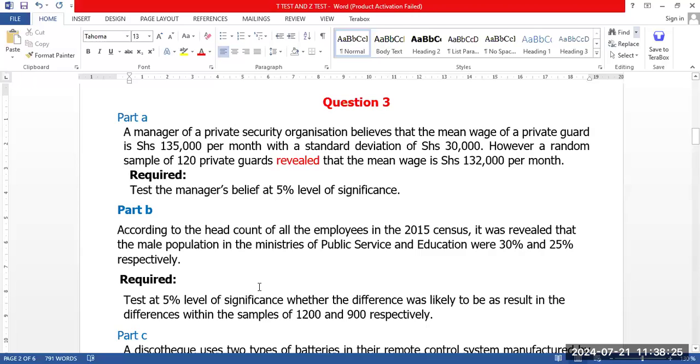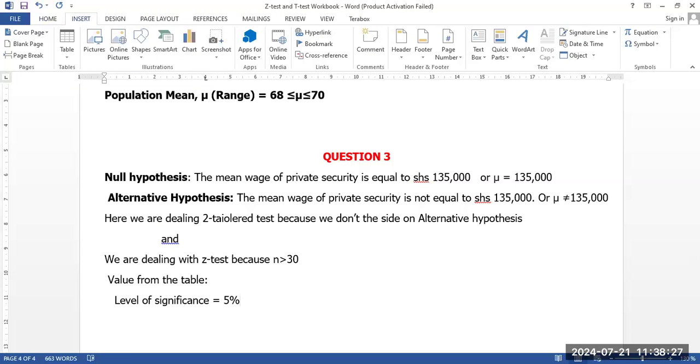Here it is 5%. But the fact that we are dealing with a two-tailed test, we divide this by 2.